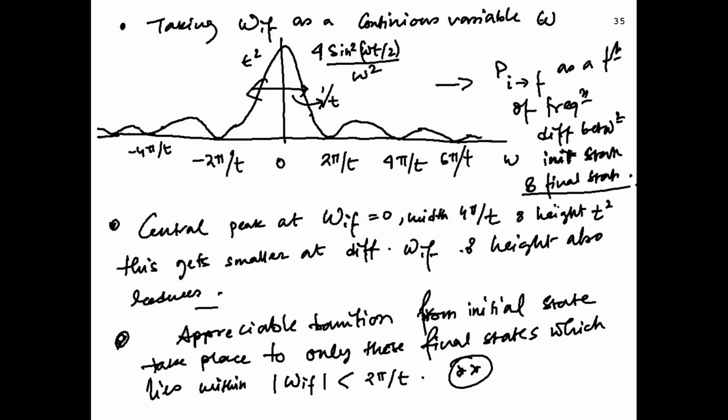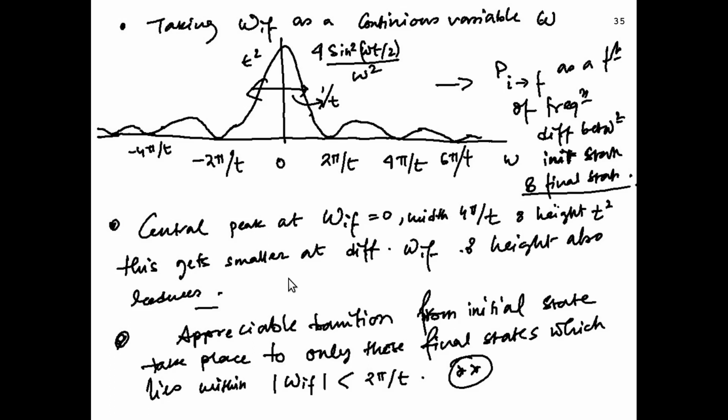Now the central peak is at omega_if equal to 0, which tells you the highest probability is for a transition where the final state has exactly the same energy as the initial state. It has a width 4 pi by t and the height is t squared. That tells you that as time passes, the height gets bigger and the width gets smaller.